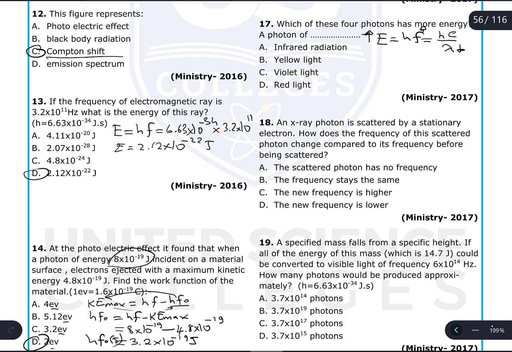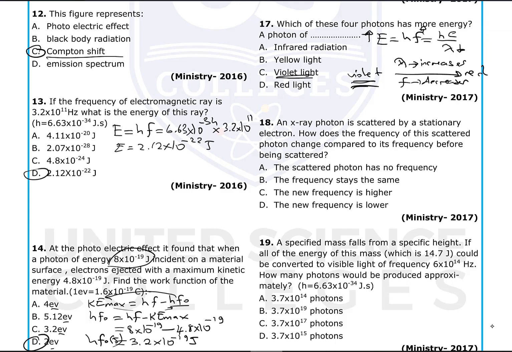So the shortest wavelength here is violet. We know that from violet to red, wavelength increases, but frequency decreases. So that's why violet has the highest frequency, shortest wavelength, greatest energy compared to red.